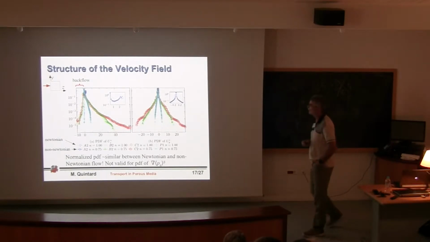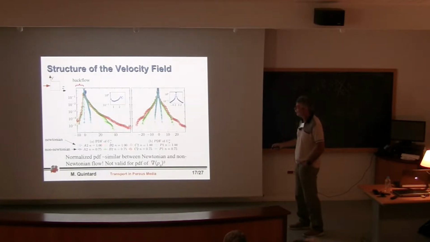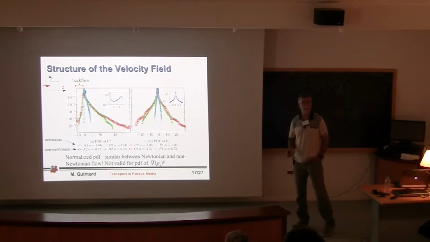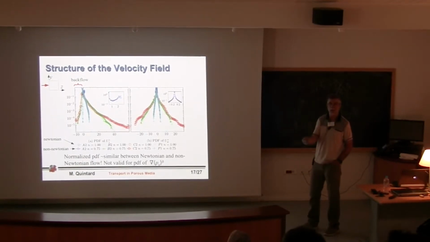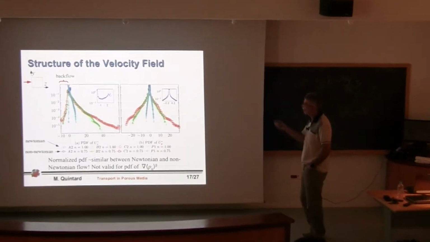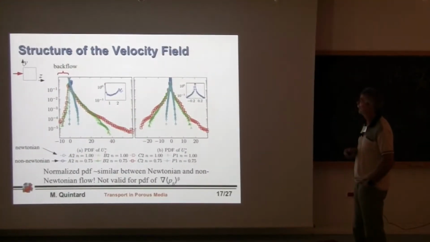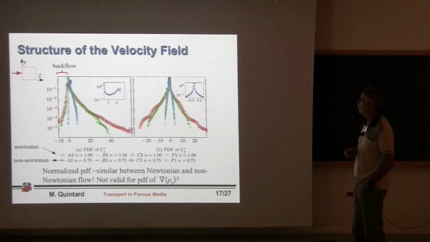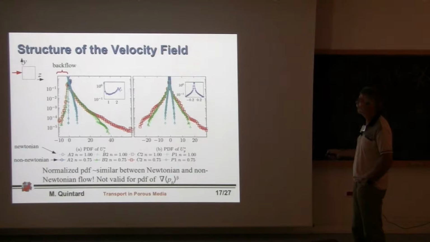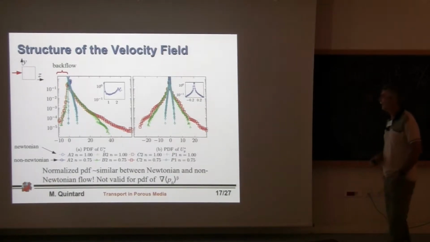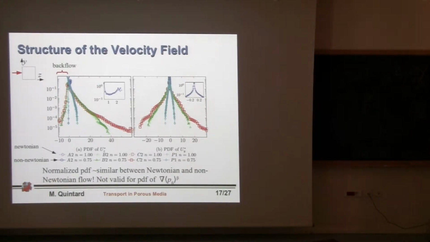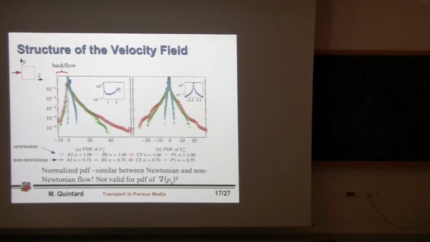And the first interesting thing is that here I have the Newtonian results, and here I have the non-Newtonian results, and you see that all those PDFs are almost the same. All those normalized PDFs, this is really important, are almost the same. I don't know exactly how to explain that in detail. I have some idea, but this is probably very important and tells a lot about the kind of behavior.